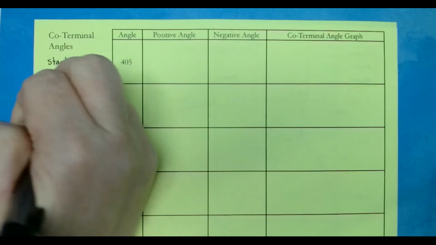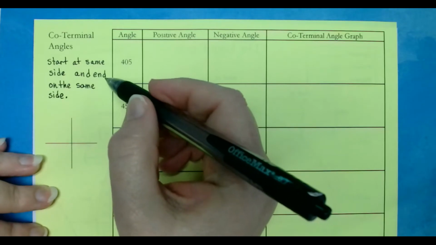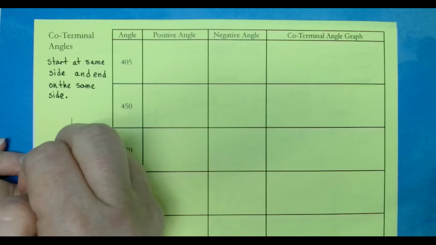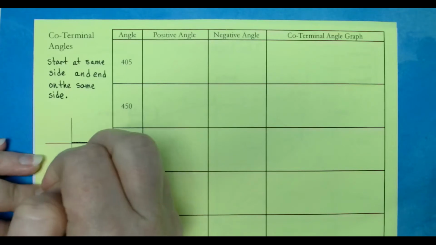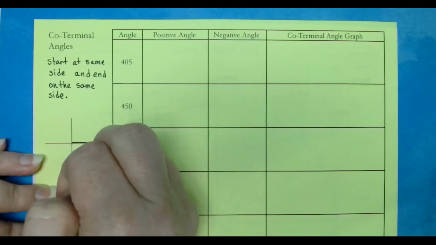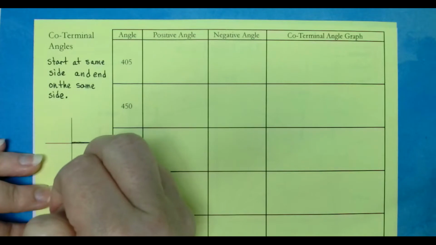We could use the word terminate instead of end. So they have the same initial and the same terminal sides. Your initial side is always going to be at 0. That's my start or my initial side every time.